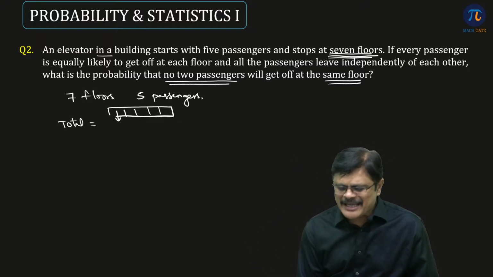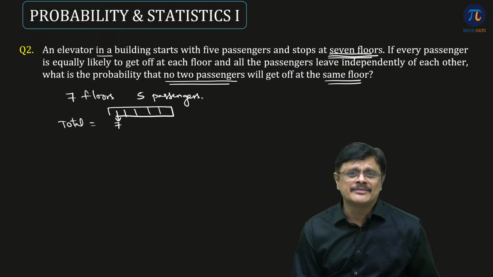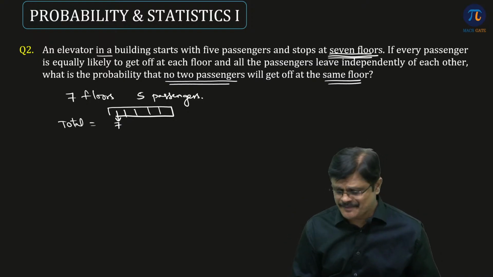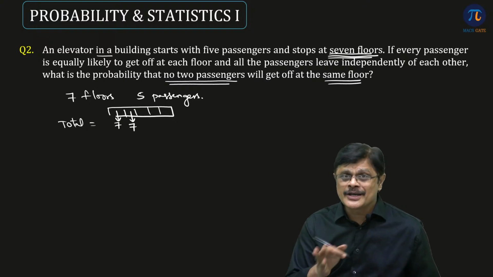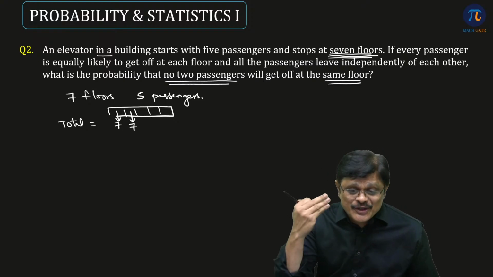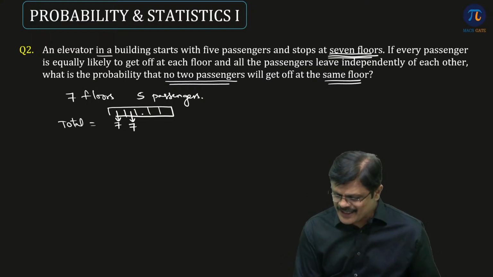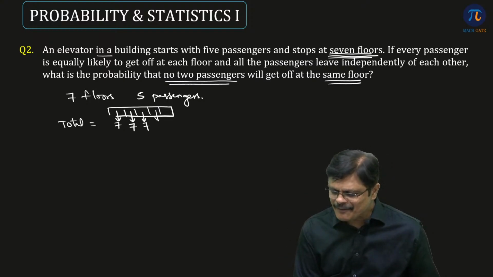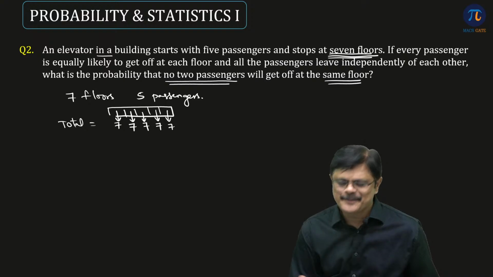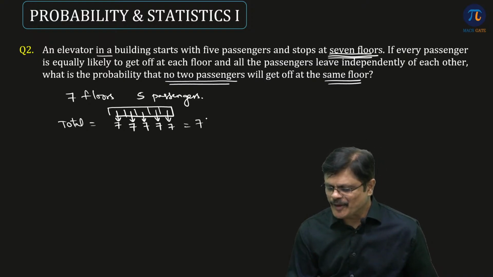So for the first passenger, there are 7 floors possible. He can get off at any of the 7 floors. For the second passenger, 7. Because when you are saying total, it is without any restriction. Third one, 7. Fourth one, 7. Fifth one, 7. So it is 7 power 5.